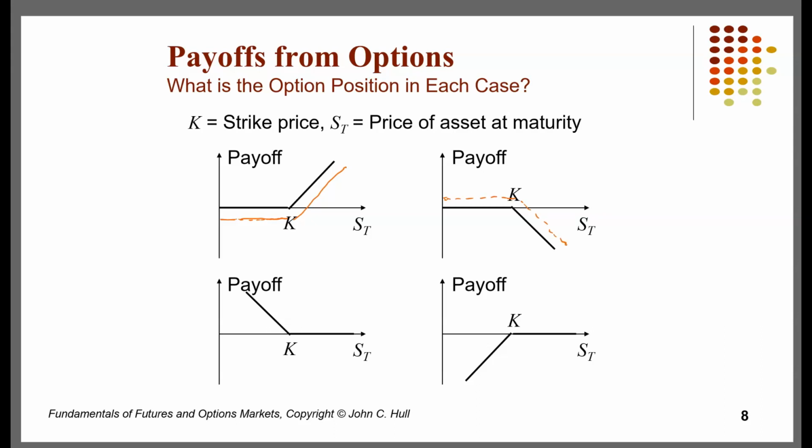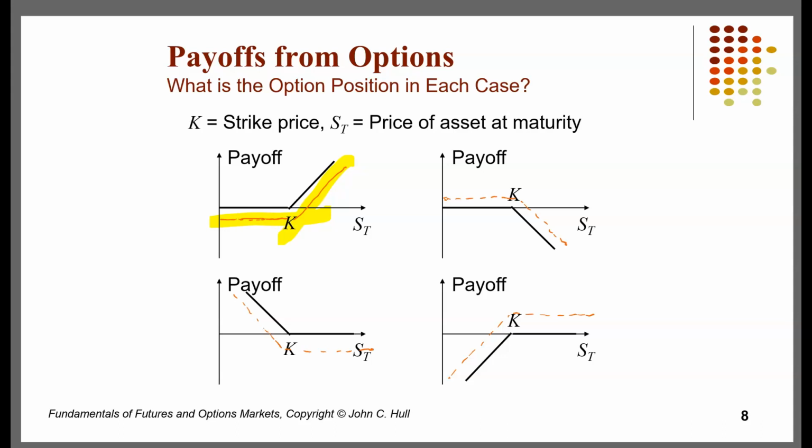And for the long put, we had something like this. And for the short put, we had something like this. So when we consider the option premium, this is what we have. That's the profit.